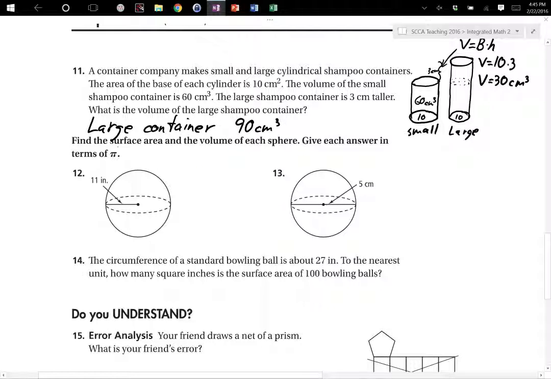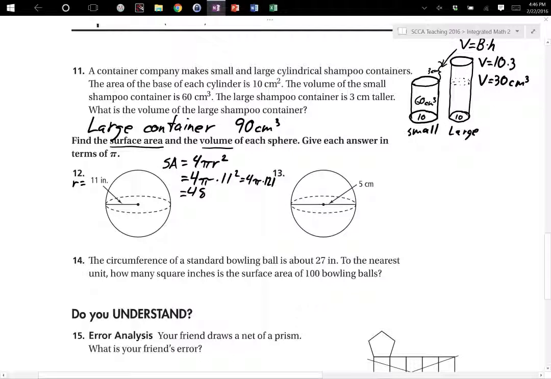Okay, so next problem, we're finding surface area and volume of each sphere. So surface area. Surface area for a sphere is 4 pi r squared. What is our r? Here is our r. 4 pi times 11 squared, which gives us 4 pi times 121.